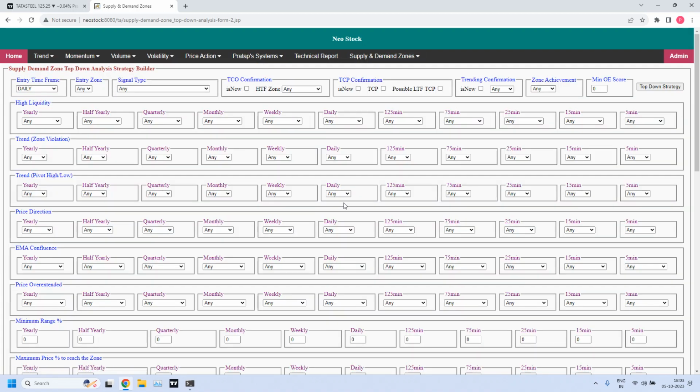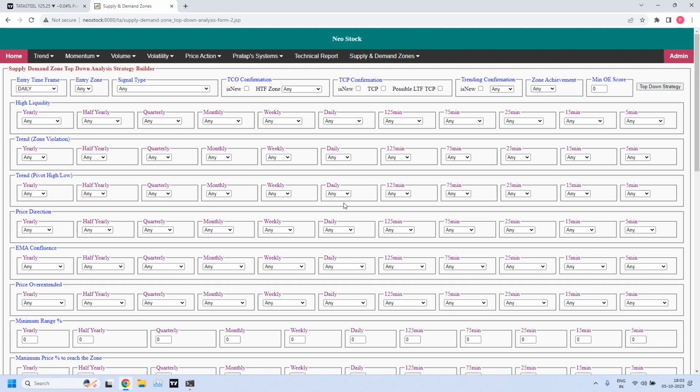But before getting into stocks near demand and supply zones, let me generate all the demand and supply zones which are related to high liquidity zones. It is only for your further study in detail.